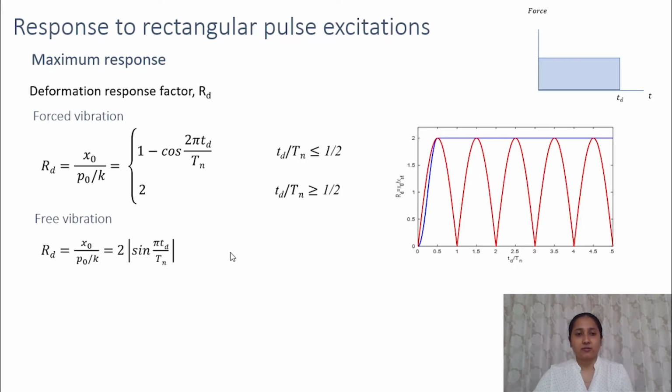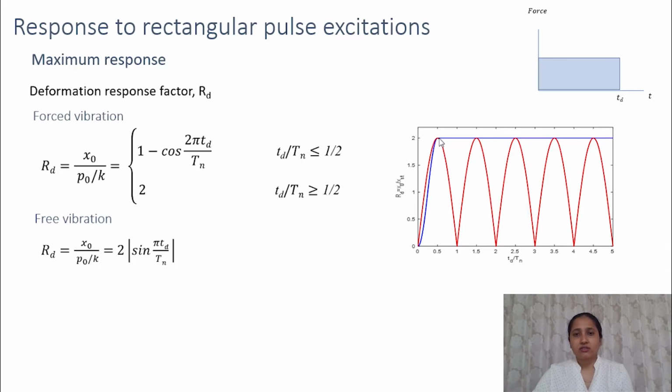by Tn. So if we are plotting these two expressions, this blue one is for the forced vibration response. So initially when Td by Tn is less than half, we have this expression 1 minus cos 2 pi Td by Tn. So that is this portion.